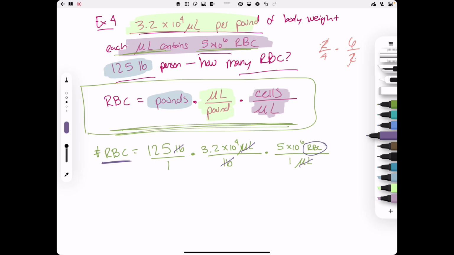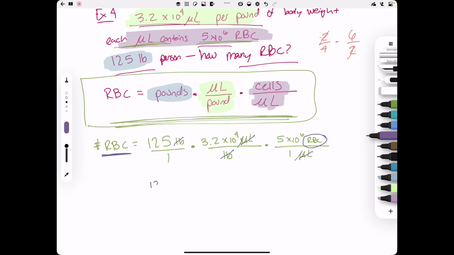So now all I have to do is the numbers. And it's all multiplying, right? So I can do it in any order. I can rewrite it as 125 times 3.2 times 5. When you're dealing with dots of multiplying and dots of decimals, sometimes it's easier to use parentheses.